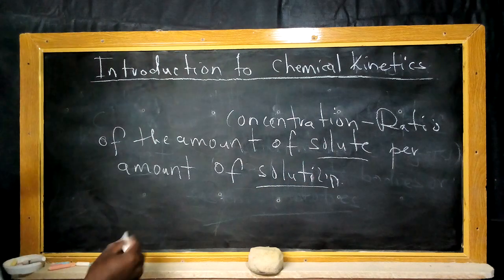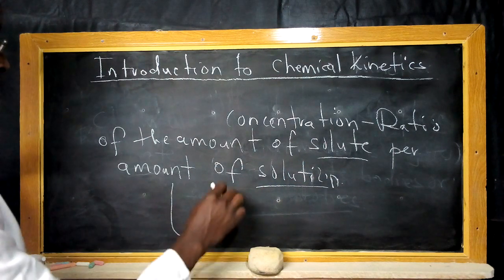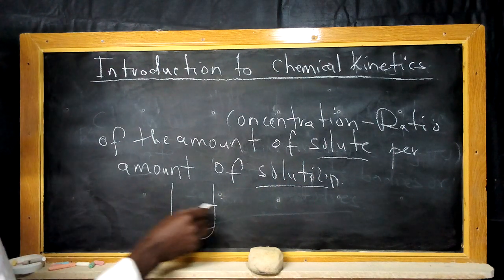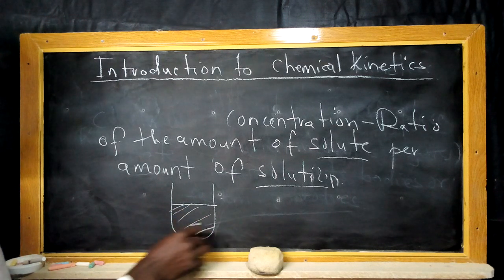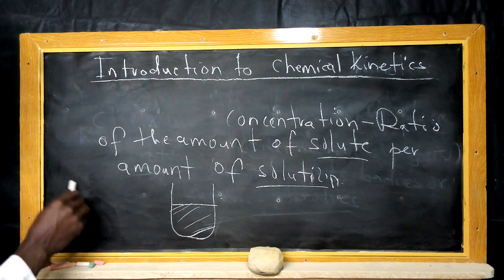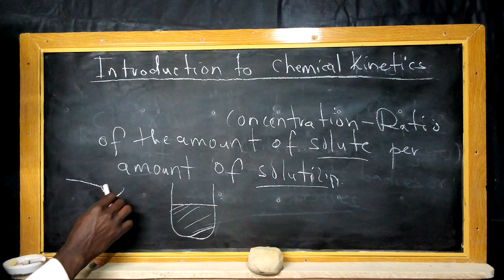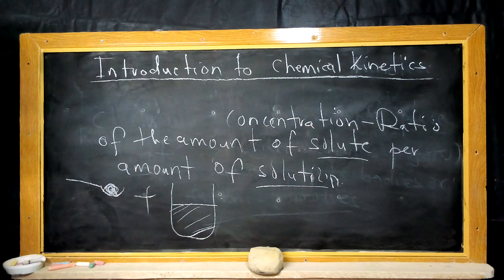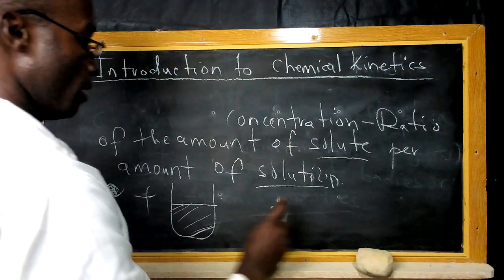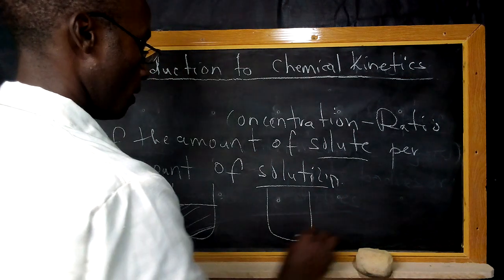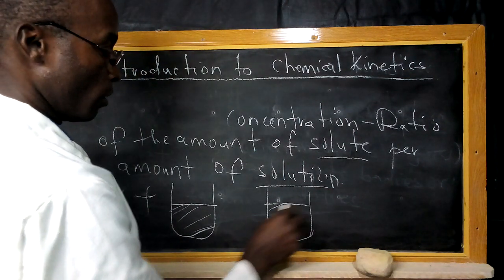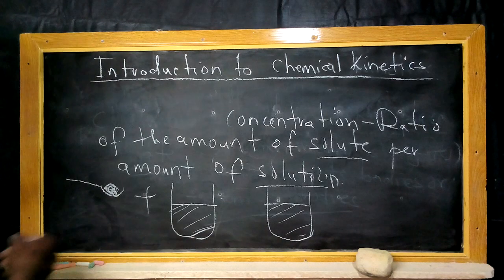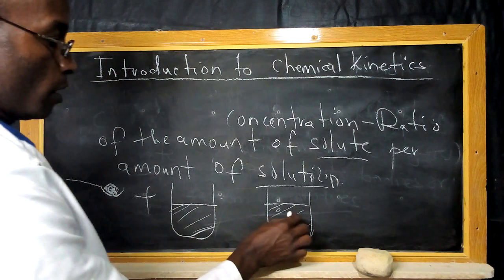suppose I have just a container here that consists of some water inside, and then I have a spoon of salt. So if I mix the two, then I will have a solution of, this is common salt, so I will have a solution of sodium chloride.